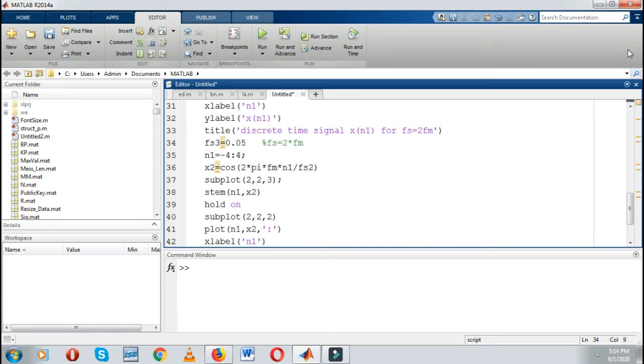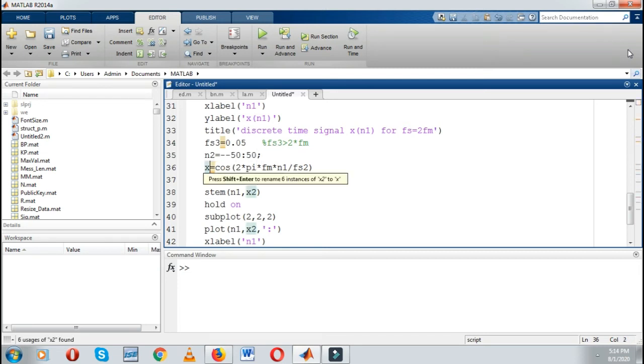So obviously now this sampling frequency is greater than 2 into fm. Here I will take n2, for example, minus 50 to plus 50.